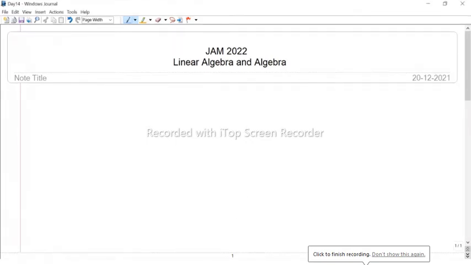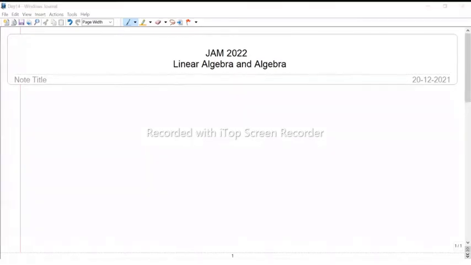Today I am going to start with the definition of similar matrix.